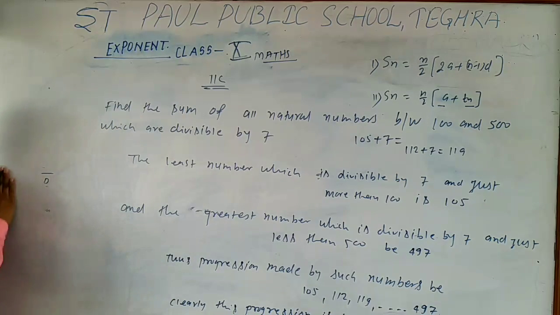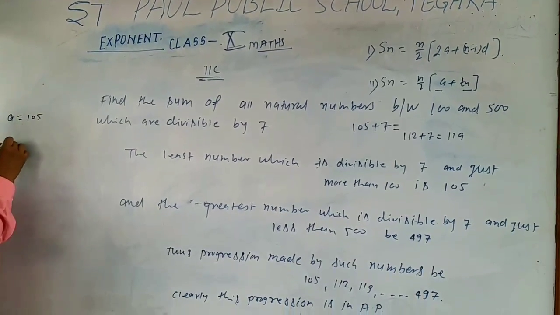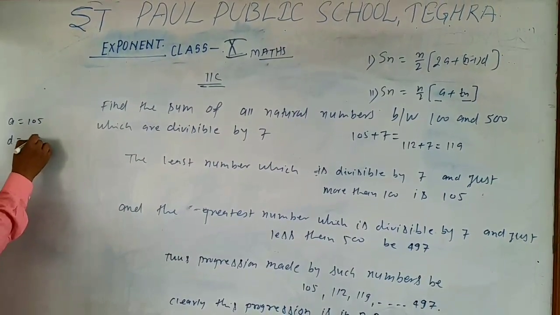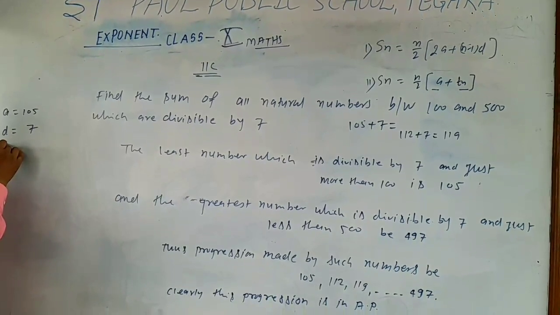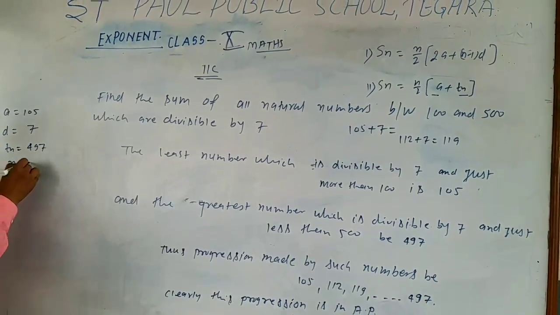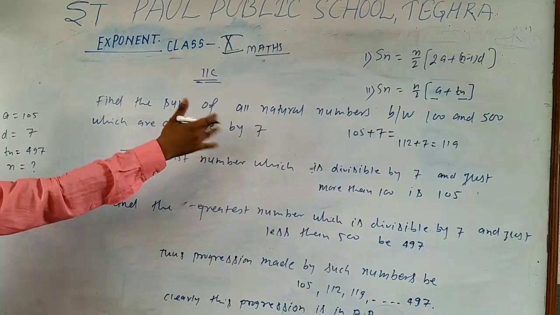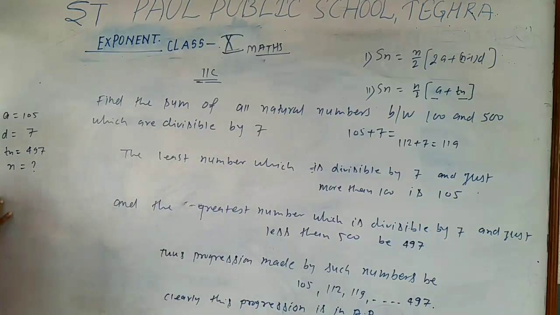So we have a equal to 105, d equal to the common difference, that is 7, and tn equal to 497, and n equal to what? That is the number of terms. This gives the number of natural numbers between 100 and 500 which are divisible by 7.